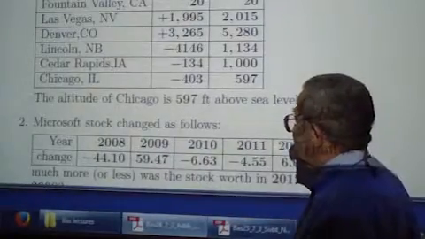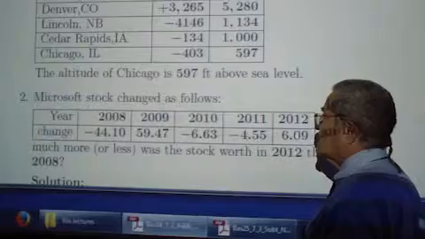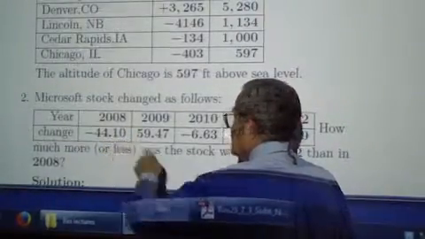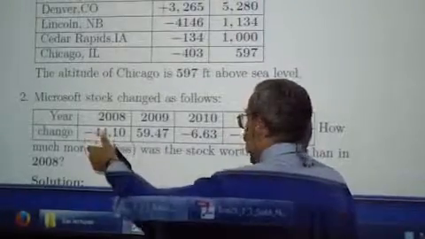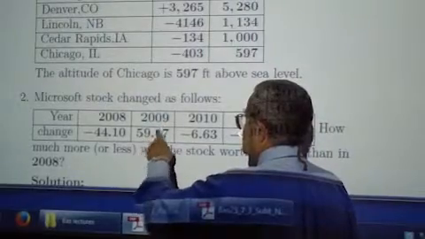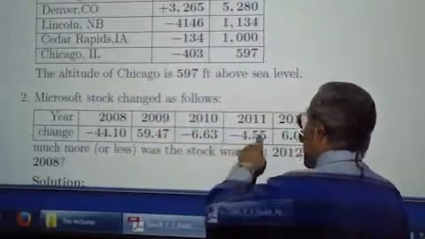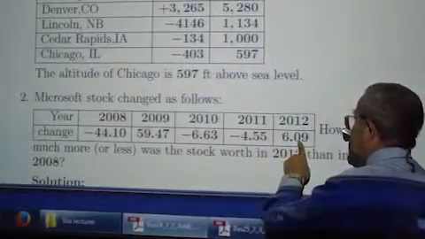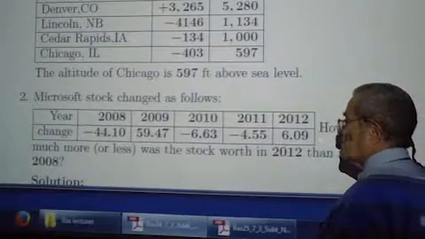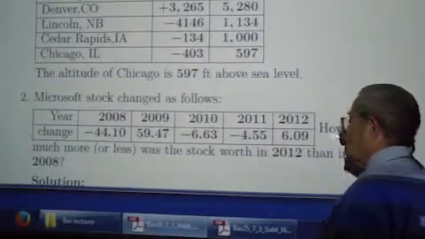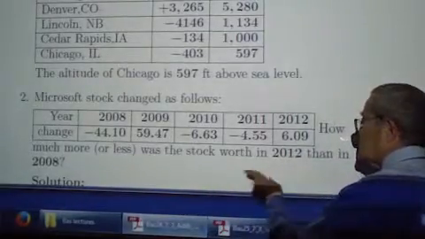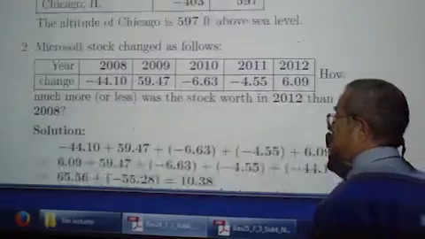And then the Microsoft stock changed as follows. In the year 2008, it was negative 44.10. That was a change from the previous year. And then you had an increase in 09, you had a decrease in 10, you had a decrease in 11, and you have an increase in 12. How much more was the stock worth in 2012 than it was in 2008?